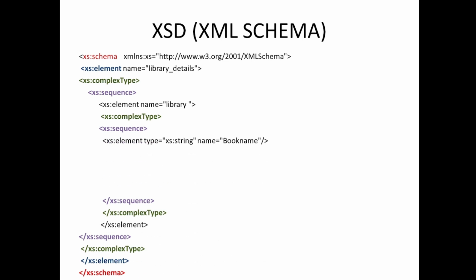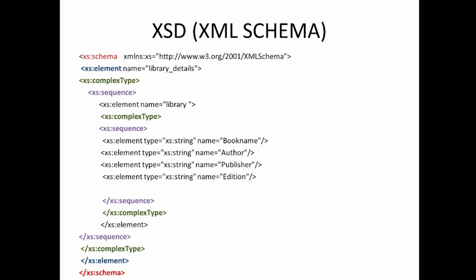So this is the first element I'm having, and the element type is string because I've given a set of characters as the book name. Similarly, you can take author, publisher, and edition also. And now coming to price, it will take an integer value, so you mention the element type as xs:integer. So this is an XML schema.